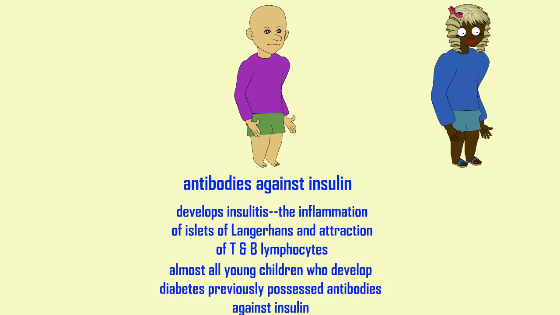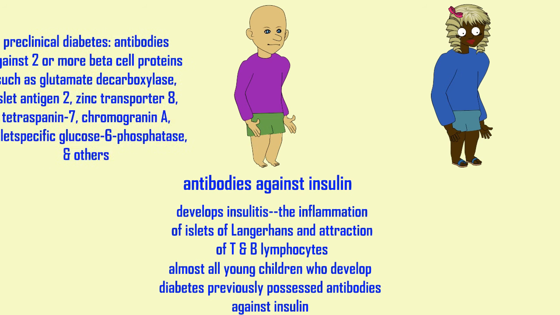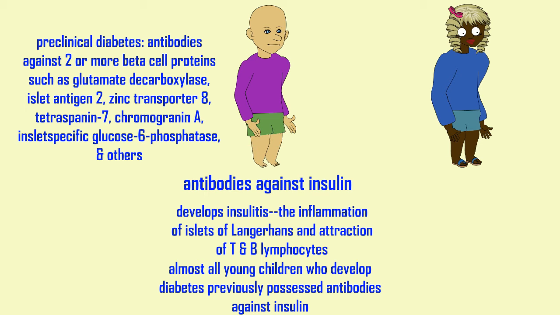When this individual then makes a transition to preclinical diabetes, they develop antibodies against 2 or more beta cell proteins, and the number are given here. This can then cause the individual to develop type 1 diabetes in childhood, the vast majority of which develop antibodies against insulin before they develop full-blown diabetes.